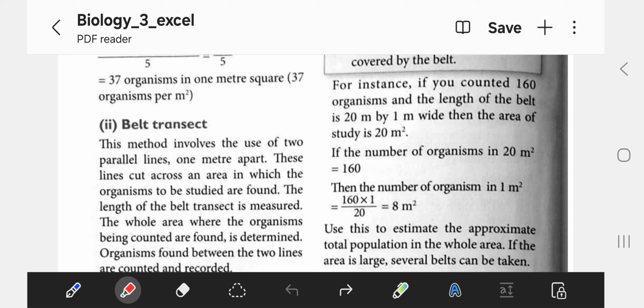Ink sometimes can be toxic to the body of organisms, so it will affect their environment. Also, some of the methods we use to trap organisms can harm or even kill them. So all those things are limitations, or the disadvantages, of the capture and recapture method.